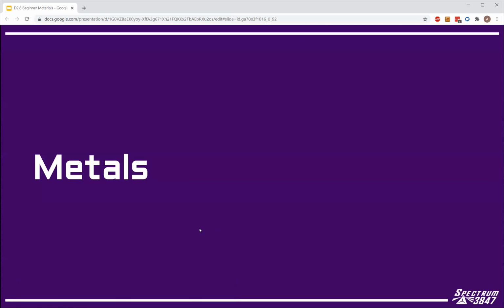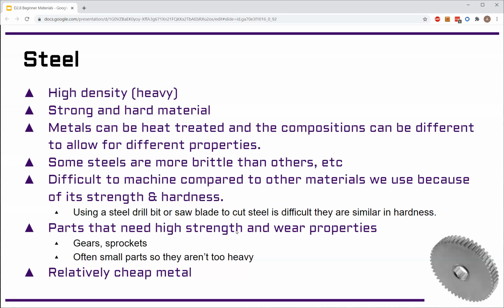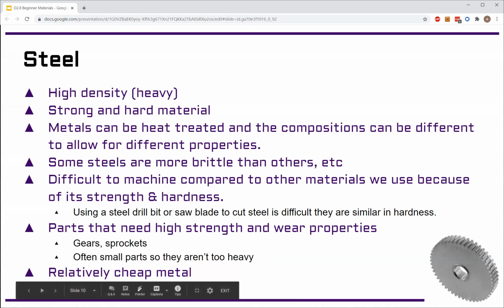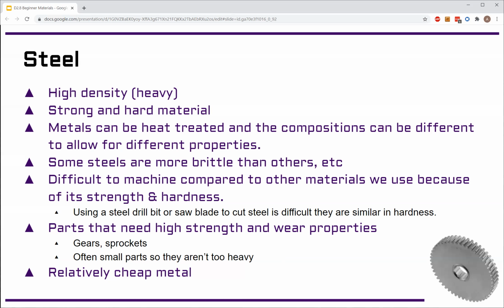Okay, so looking at some of the more specific materials, we can use some of those terms we just talked about to differentiate the different types of materials that we actually use on the robot. Steel is a very, very common material.